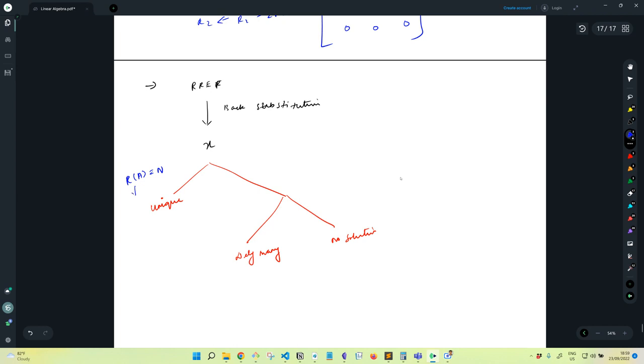Or, to be more specific, x is unique when the number of non-zero rows in the row reduced echelon form of just the A part, not A comma B, is n. If in row reduced echelon form of A there exists no zero row.